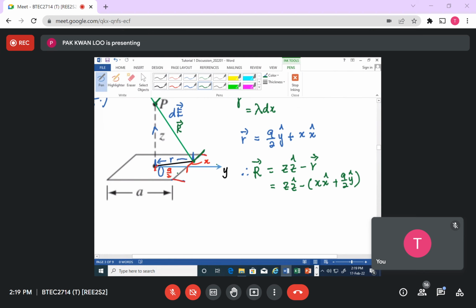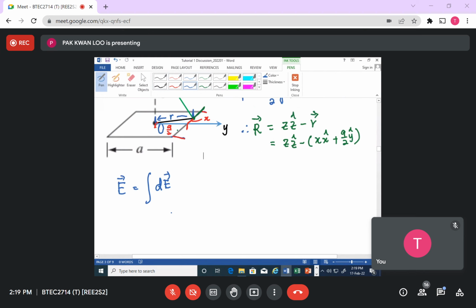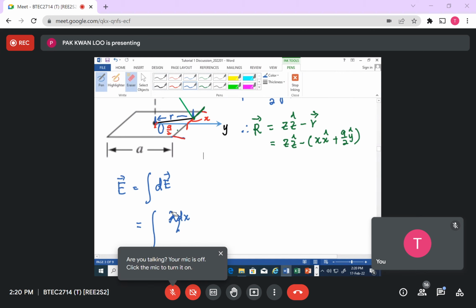So the electric field is the integration of dE, which is, dq first.